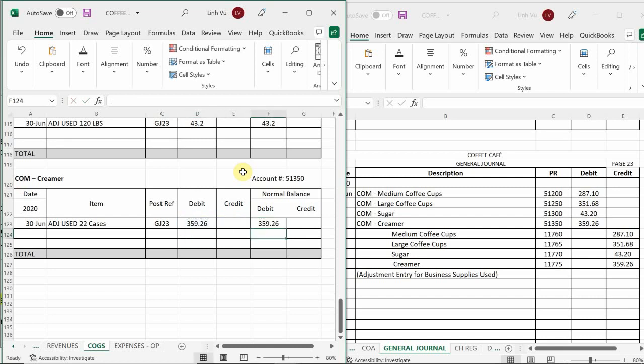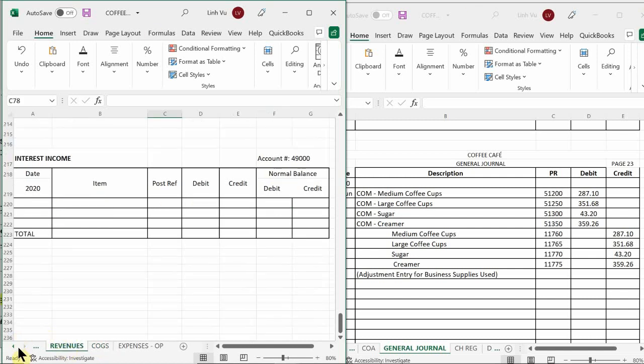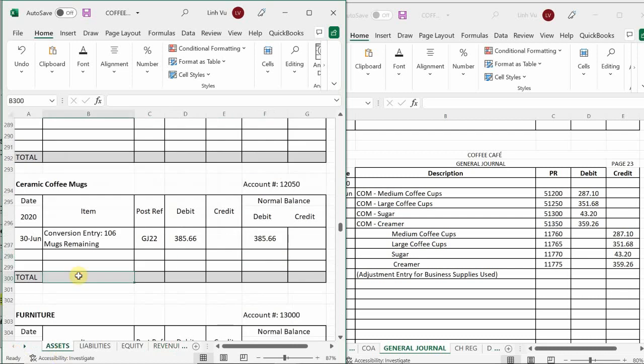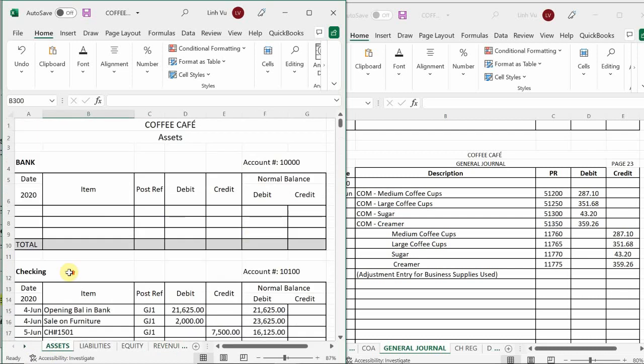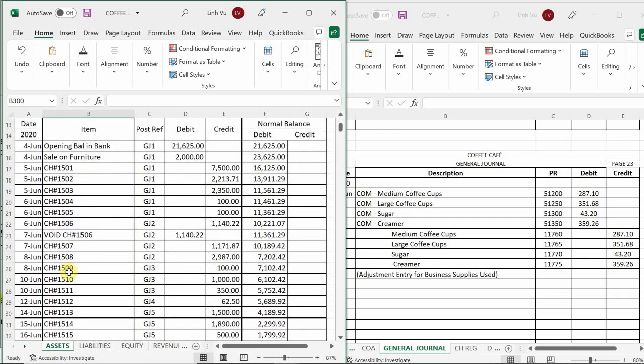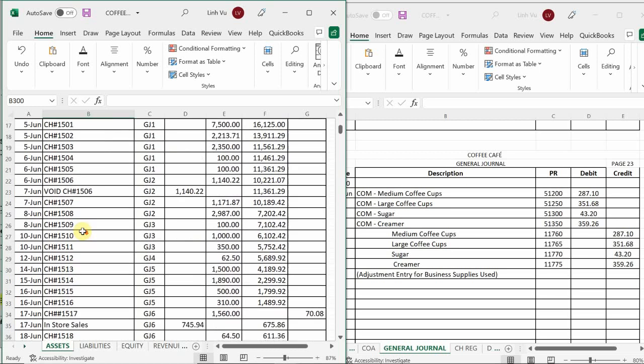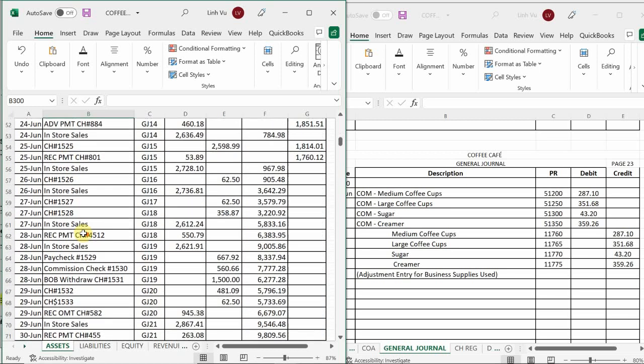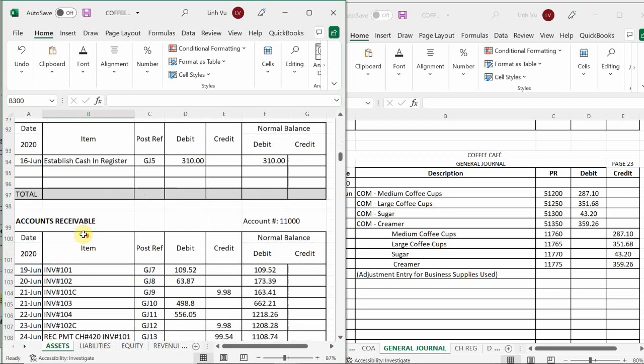Okay, there you go. So now let's go ahead and update our business supplies. Okay, so then we know when the next accounting period starts, we know how many cups we're going to start the accounting period with, or in this case, the month of July, right? How many cups do we have left remaining?